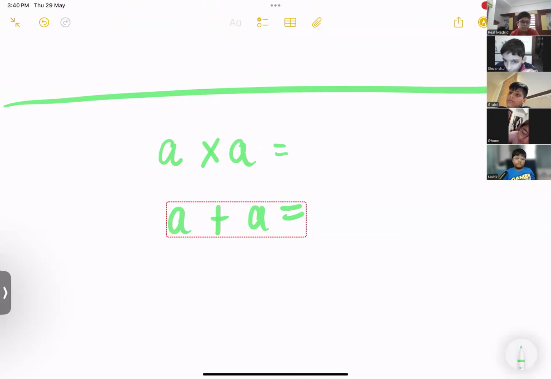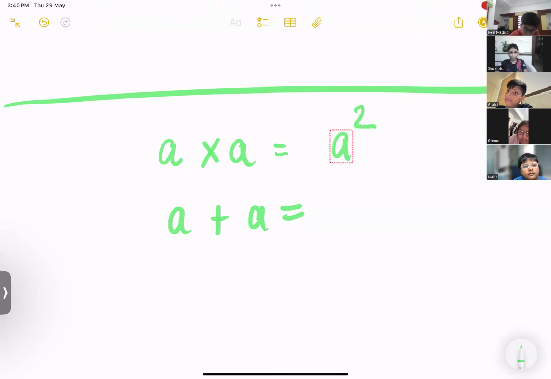For A times A, the power of A is 1 and the power of A is 1, and I have added 1 plus 1. This is the rule: you add the powers if the variables are the same. A plus A becomes 2A.